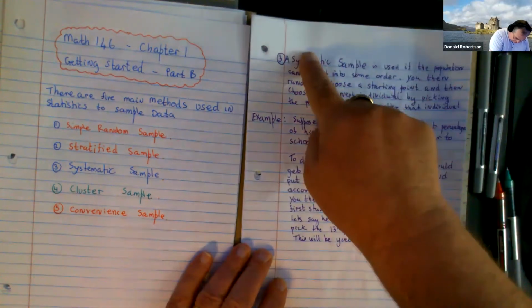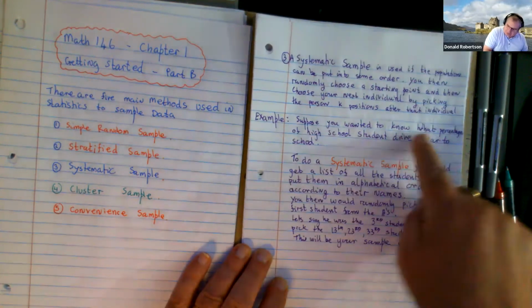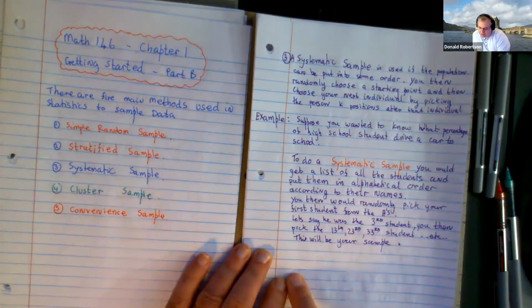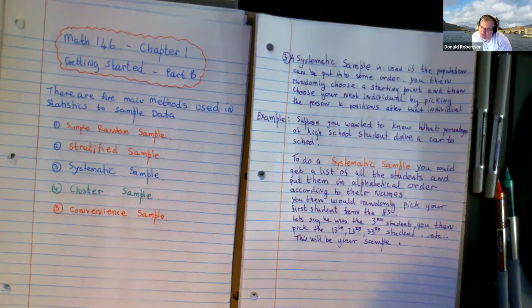Oh, there's Andrew. 13th guy, 23rd person, 33rd, 43rd, all the way to the end. Do you see that what you're doing there is only picking 10% of the entire population, right? All students, right? Because you're only picking every 10th one, right? 3, 13, 23. But in a lot of ways, isn't that probably going to be a pretty good sample? Plus, it's relatively easy to do.